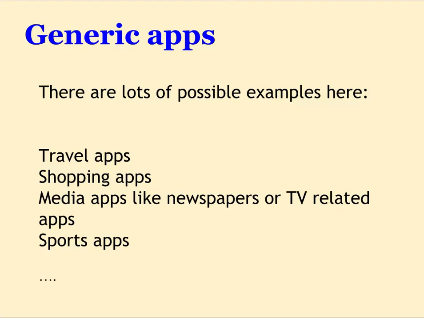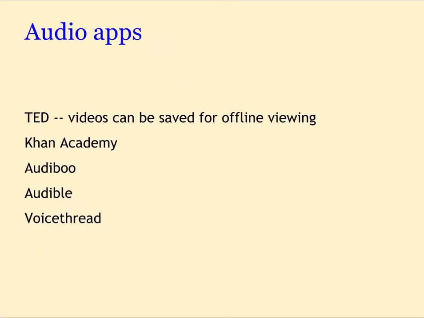You've got history material. There are lots of things that you can look at. There are lots of videos available on the internet, and they can also be viewed on mobile phones, as I'm sure you're well aware. There are all the TED materials. There's also TED for Education. There's Khan Academy.